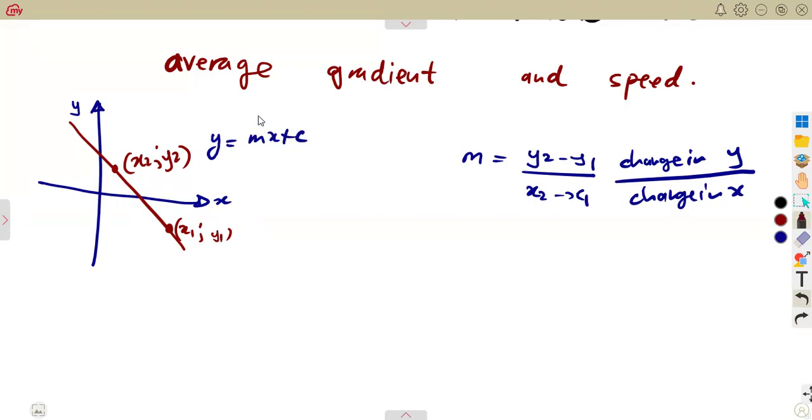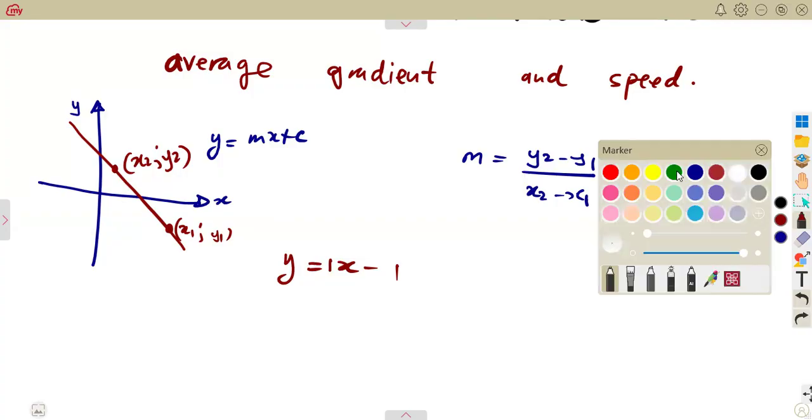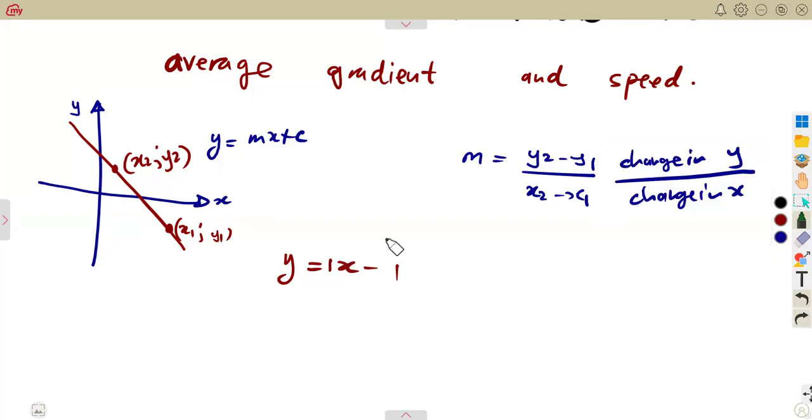If you substitute a certain point, I want you to understand this from a straight line. y is equal to maybe x minus 1. It's true that on a straight line, you can simply see the gradient there is 1. It's something that we can just take straight from a straight line. But I want you to see the concept that it is still the same thing, even if we are to consider this. We need 2 points.